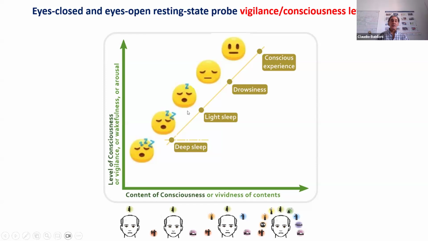In this picture, you see how we can frame the vigilance states and transitions in humans. You see that we have a graph with 2 dimensions. In the horizontal axis, we have the level of consciousness or level of vigilance. In the vertical axis, we have content of consciousness or vividness of contents of mental representations.